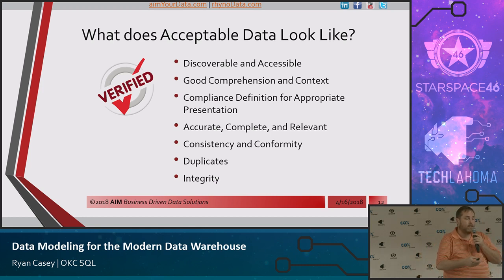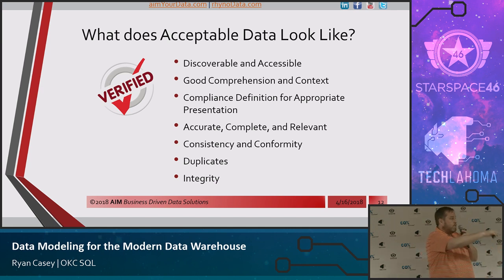And in many cases, if we have master data management, hopefully we have organizational agreement on what all the definitions mean. And that's quite a big deal in some organizations, to get them all to agree on the same measure and what that measure actually means. So we have compliance definitions for appropriate presentation of the data, so that we're ensuring that there's always one value or one version of the truth.